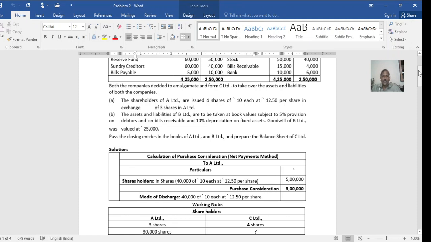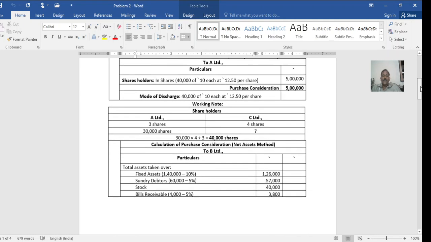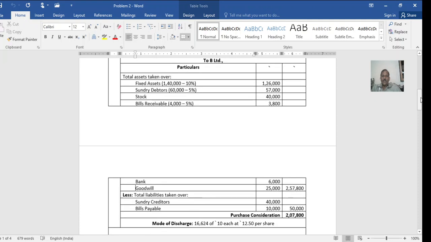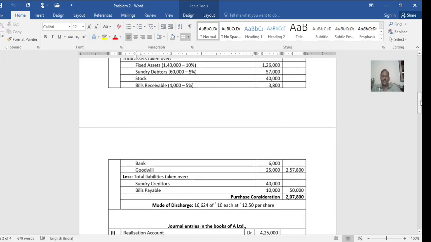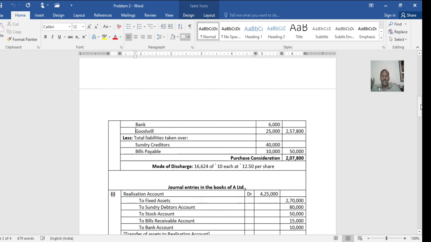So there is an exception: 10% of fixed assets, and goodwill is an additional item. So fixed assets 10% less is 1,26,000, sundry debtors after 5% provision 57,000, stock as it is at book value, bills receivable again with 5% provision 83,000, bank 6,000 since it is in realized form, taken over at book value itself.